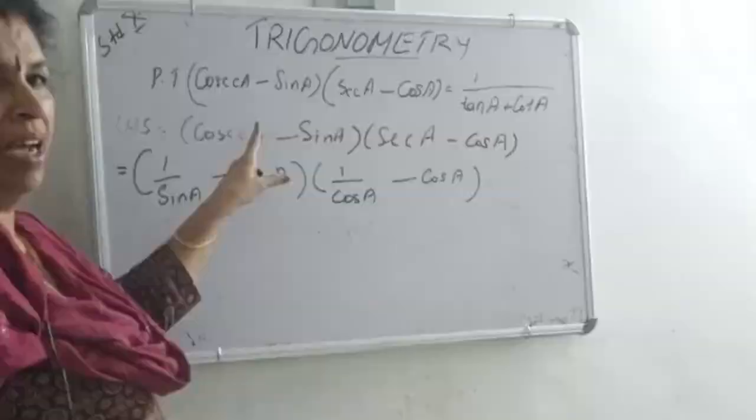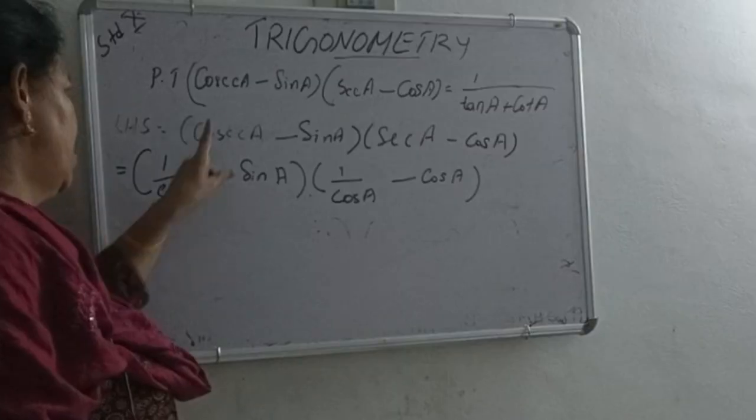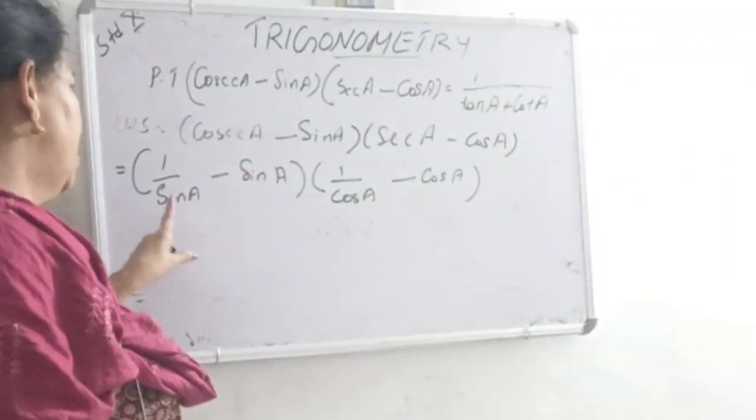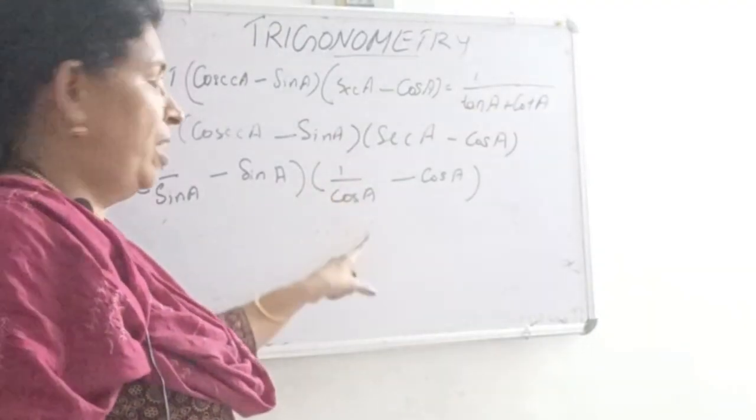Let me show this once more. Cosec and sin are opposite ratios. Cosec A minus sin A, instead of cosec A we write 1 by sin A, minus sin A, into sec A, 1 by cos A minus cos A. Cos and sec are opposite.